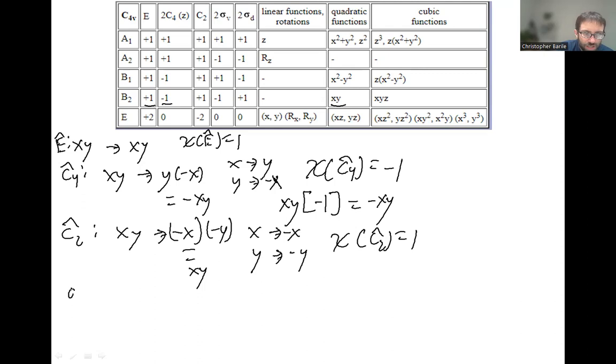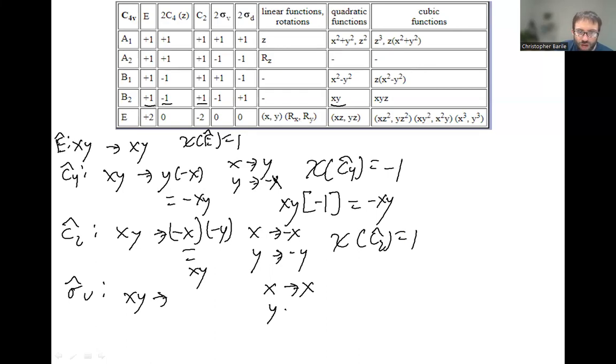Moving right along, if we do sigma v, ask the question, how does xy transform? Well, on sigma v, the example that we used earlier was the sigma v that contained the mirror planes, contained the x vector in the mirror planes. X went to x. By the way, there's a plus 1 from before.